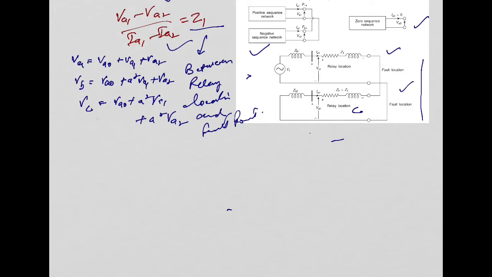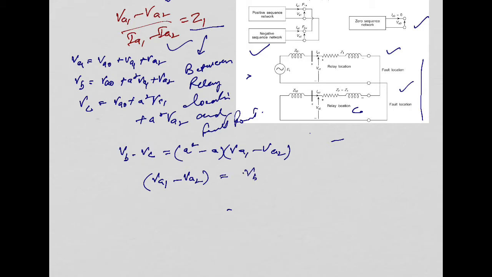After mathematical calculations, we get A square minus A times VA1 minus VA2. I am writing it directly so you can find it out. Finally, VA1 minus VA2 equals VB minus VC divided by A square minus A.